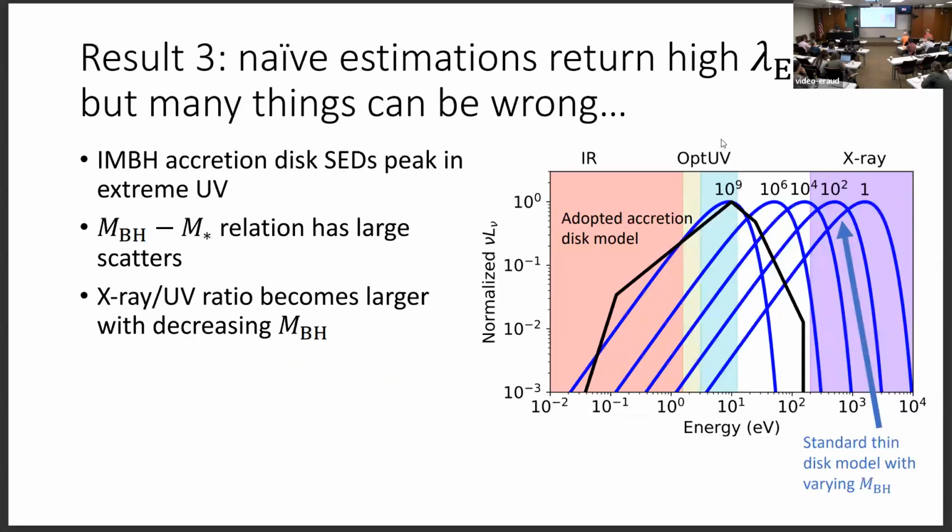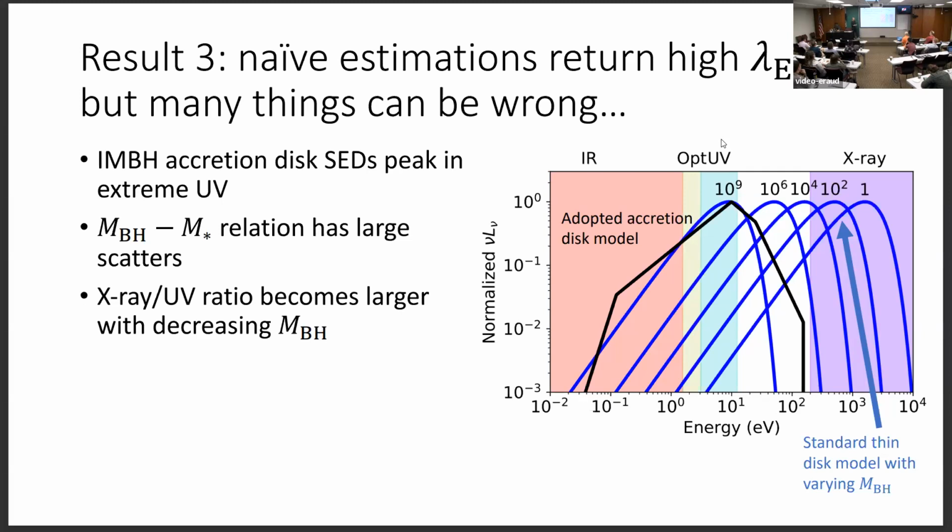discuss that. So I think one of the most fundamental issues is about the black hole mass. As black hole mass scales down, the accretion disk temperature increases, and I'm just using a standard thin disk model. I know there are much better disk models, but here I'm just using this for illustration purposes.